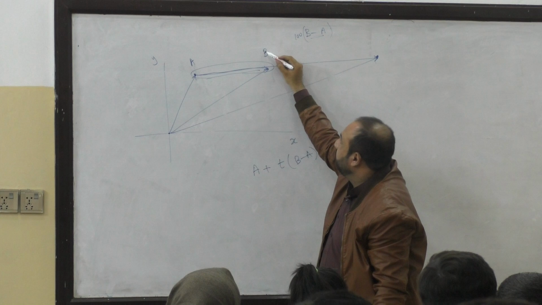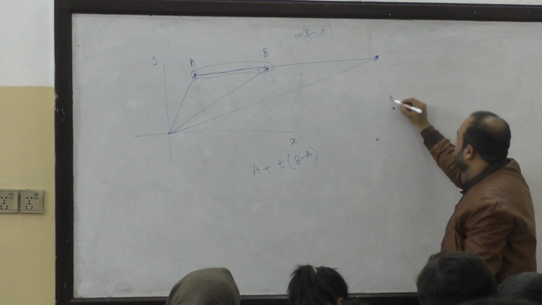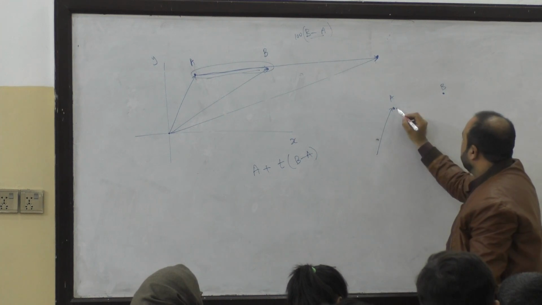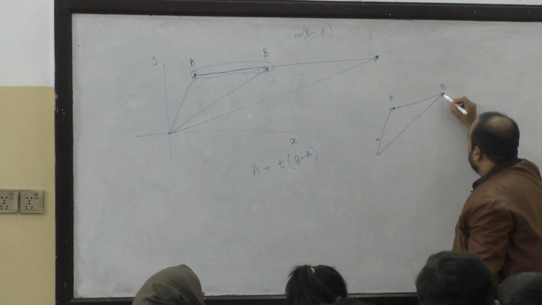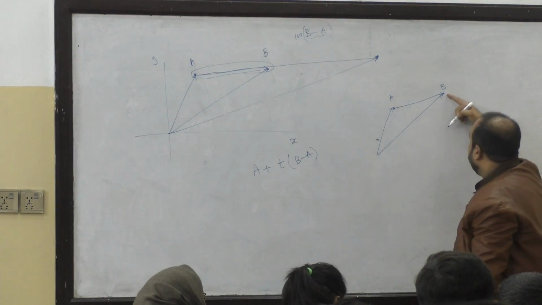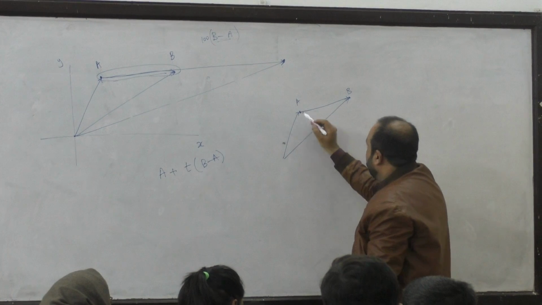If I have, so this is A, this is B, this is A, this is B. Hmm? Okay, and A plus B जो है वो तो शायद ये है, so A plus B is something else.